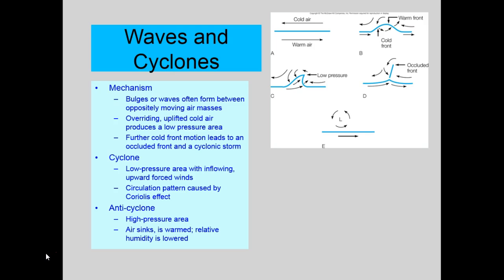The warm air tries to push its way up, and the cold air pushes down, so you get, this is the bulge they're talking about. The bulge or the wave often forms between the oppositely moving air masses, okay? Now, the overriding uplifted cold air produces low pressure. And this is what we see is happening here.